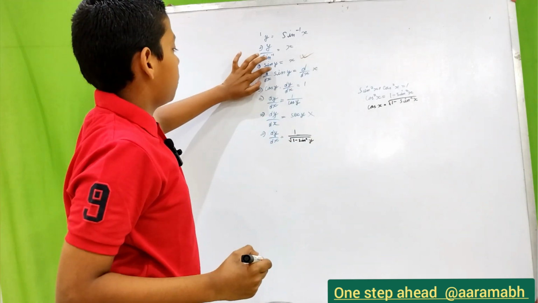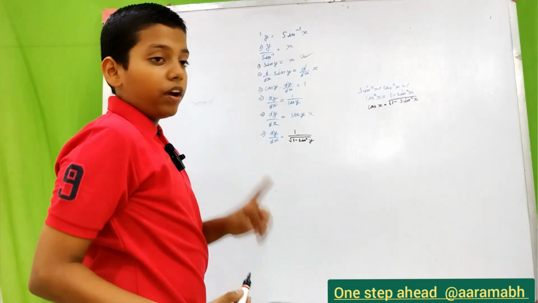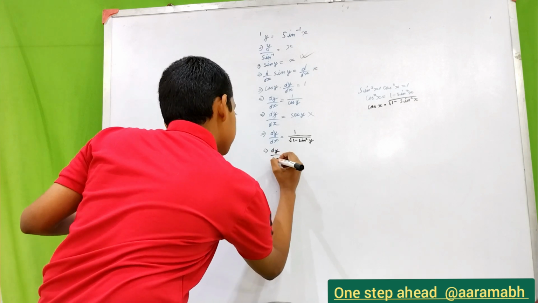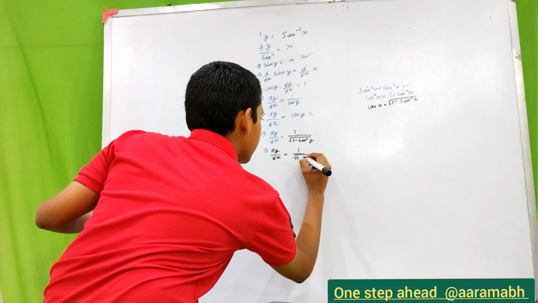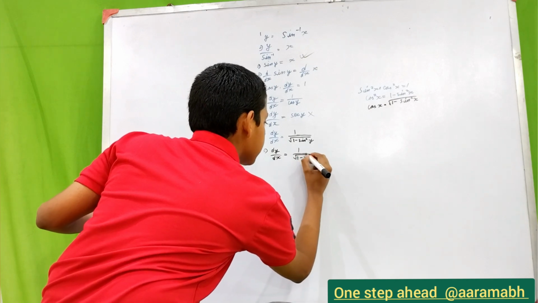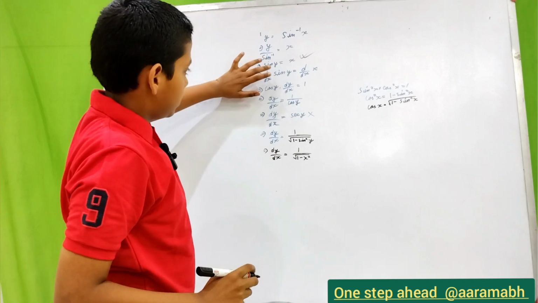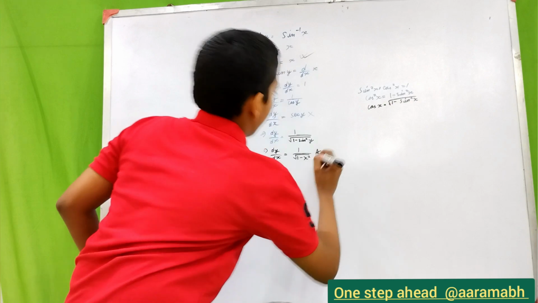Here what is given is sin y equals to x, and here is sin square y. So dy by dx equals to 1 by root over 1 minus x square. As x stands for sin y, sin square y will be x square. So it is our first answer.